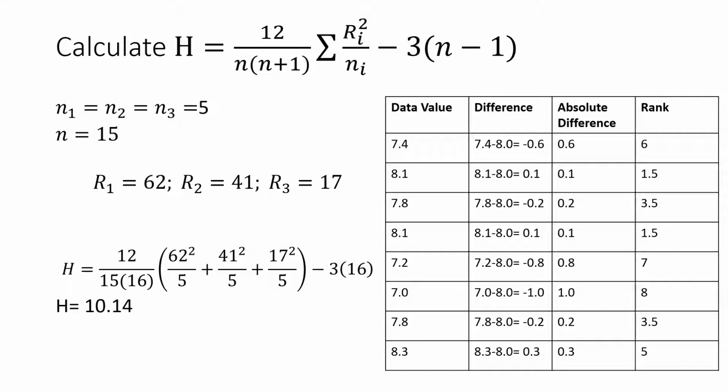From here, I could use a chi-square distribution since I've got sample sizes of 5 in all of the groups. I could use my chi-square distribution with 2 degrees of freedom, find the area beyond this H test statistic, and use that to get my p-value. But instead, we're going to do that process using R.